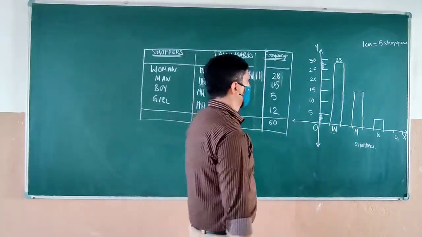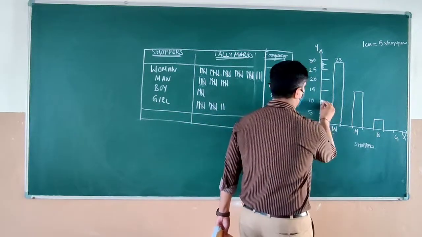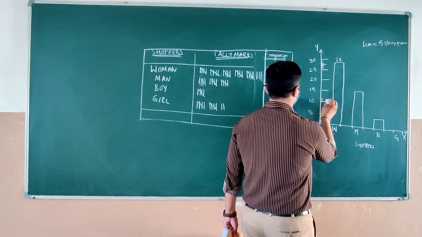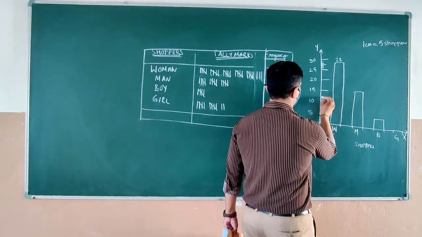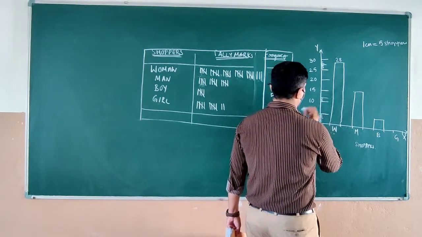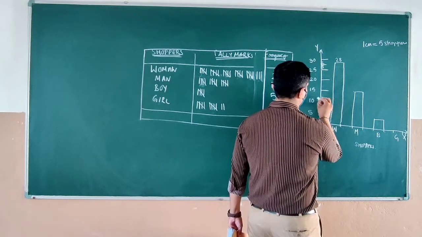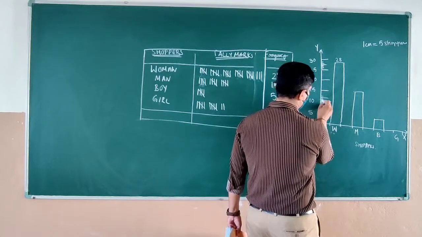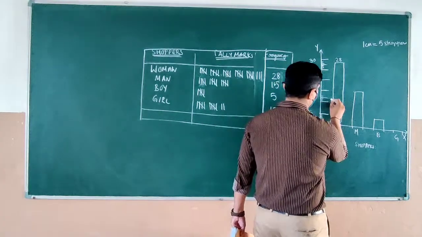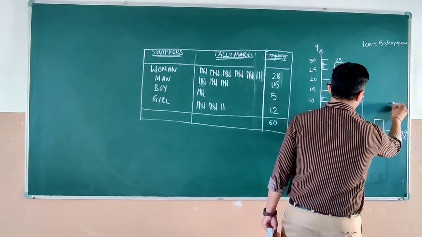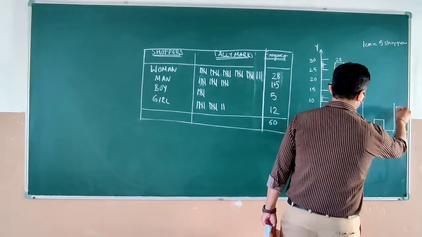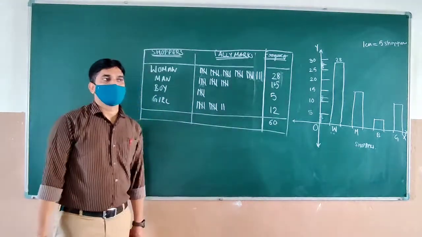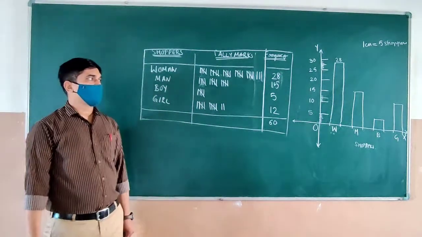Women are shopping more. 12, 13, 14, and we are saying 12 now. 11, 12. So somewhere here. Are you all getting? This is how you are supposed to make a bar graph.